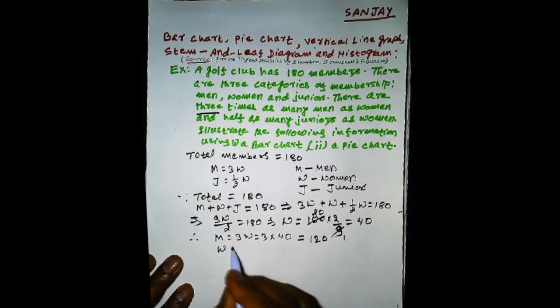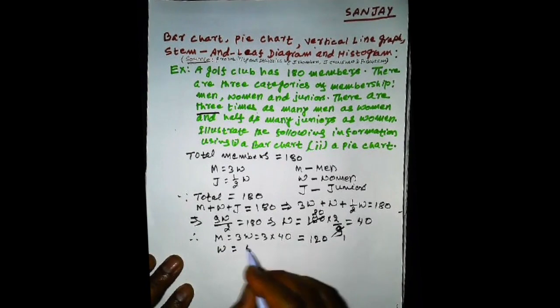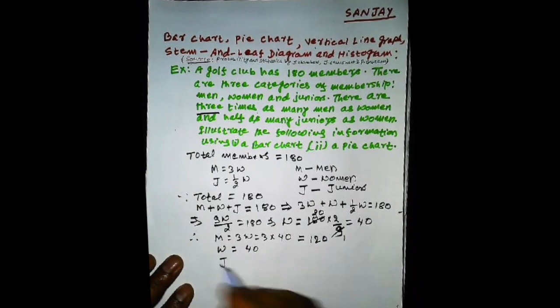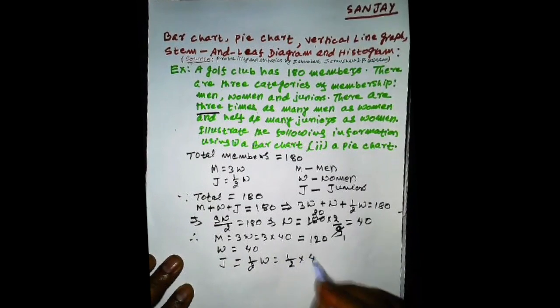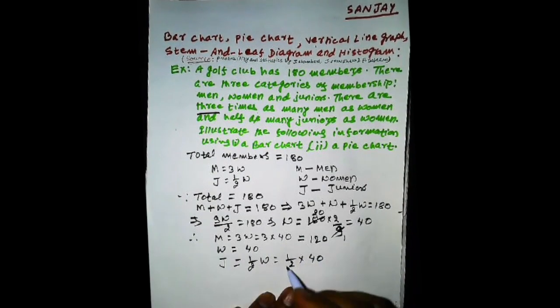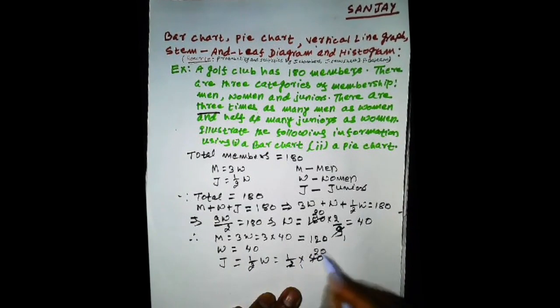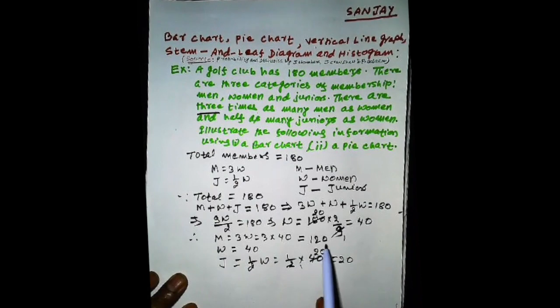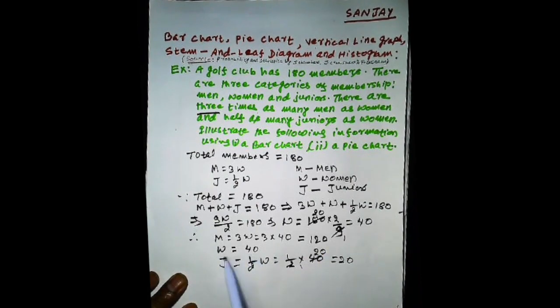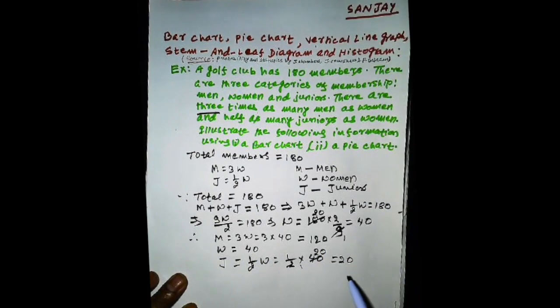Women itself is 40, and junior is half of women, half times W, that is 40 divided by 2, which is 20. So you can see that there are 120 men, 40 women, and 20 juniors in the 3 categories.